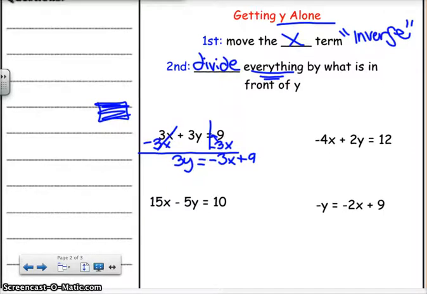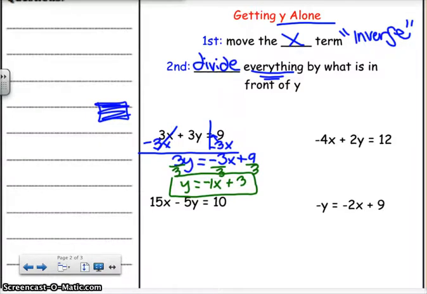Now I divide everything through by what's in front of y. Y equals negative 3 over negative 3 is a negative 1 plus 3. Done. And 1 likes to hide. The best way to write it would be y equals negative x plus 3. If 1 can hide, let it hide.